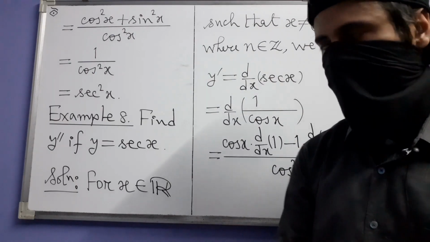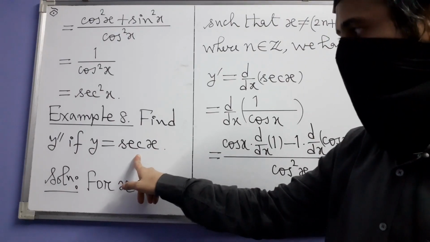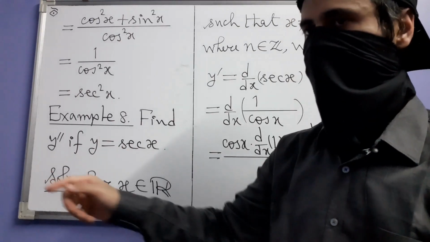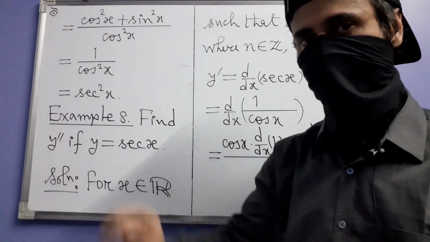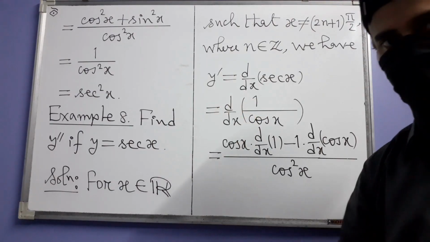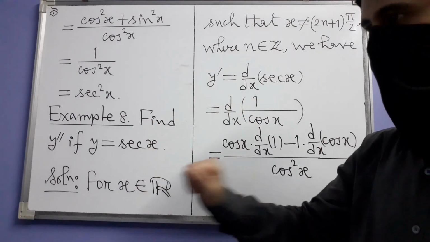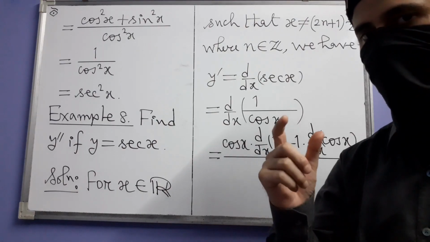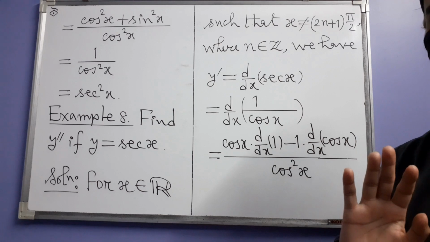Next, example 8. The function is secant x this time. However, we not only have to find the derivative, but we have to actually find the second derivative, y double prime. So we start just like the previous one, and here also, because secant x is 1 divided by cos x, we have to avoid the odd integer multiples of pi divided by 2.